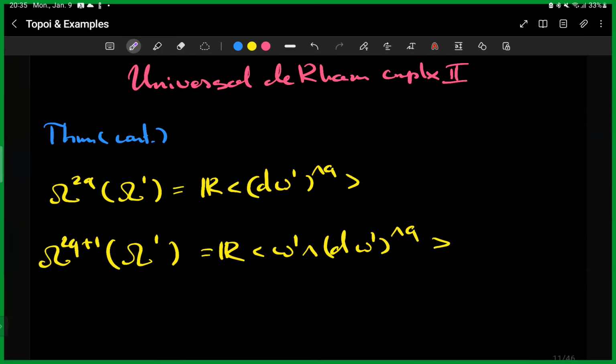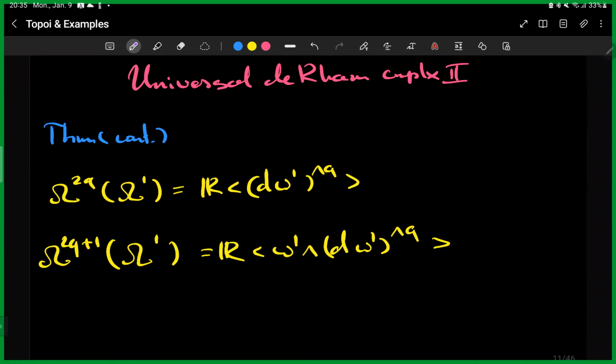So for even degrees, we just need to take the differential of this universal one form to the q-th exterior degree. And for odd degrees, we just need to take the wedge product of this universal one form with its exterior derivative to the power q.